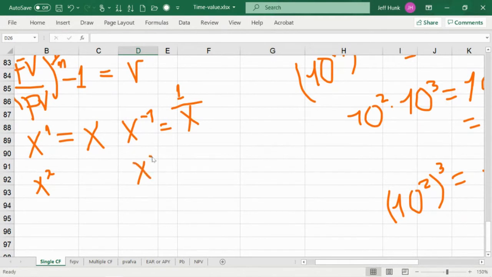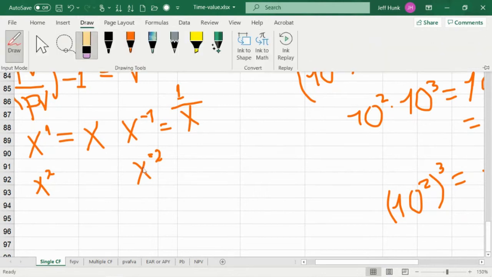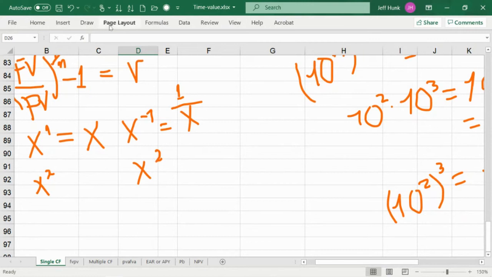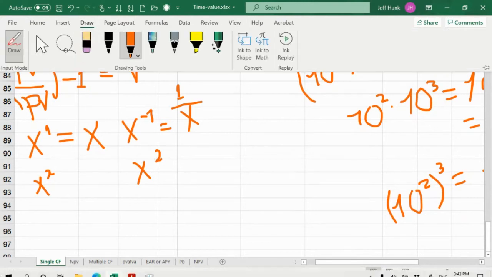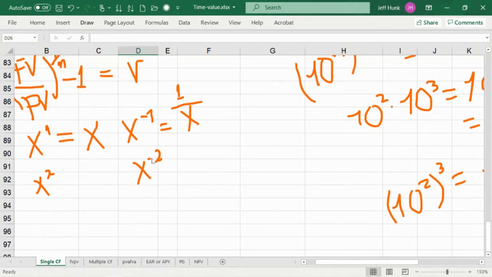X to the -2, x raised to -2, must be what? The negative power is the reciprocal. Does everyone understand that? Because I don't want to repeat this over and over.